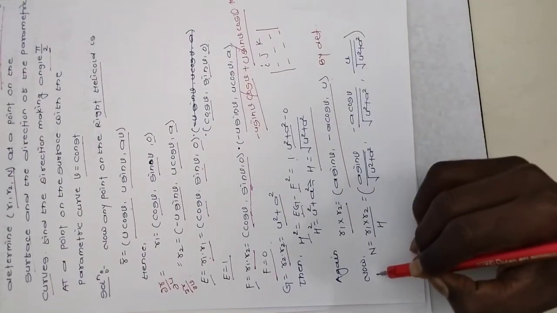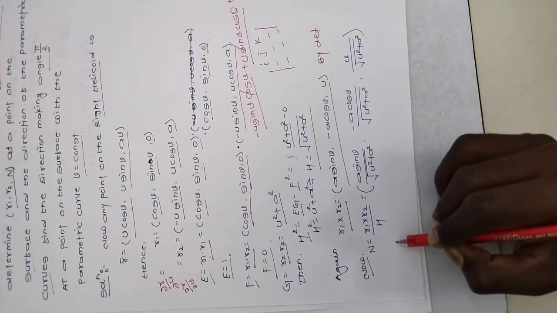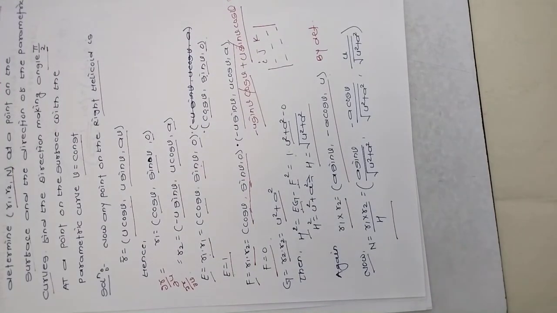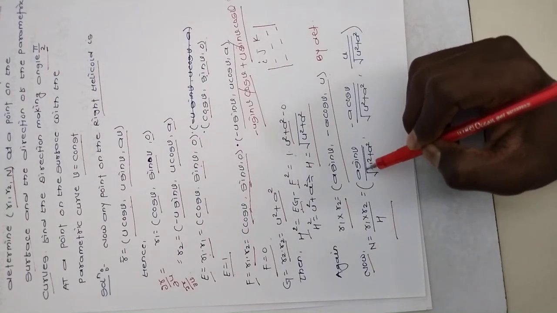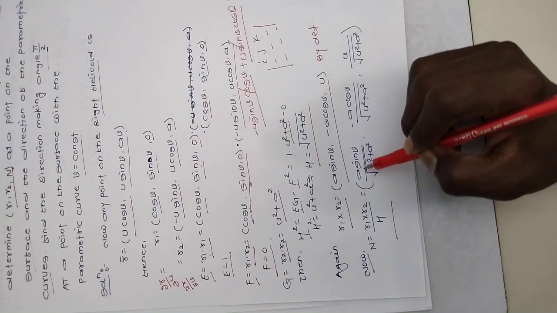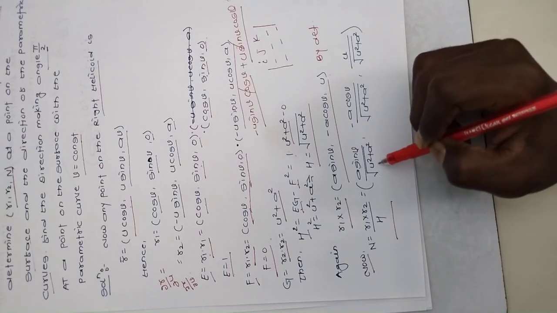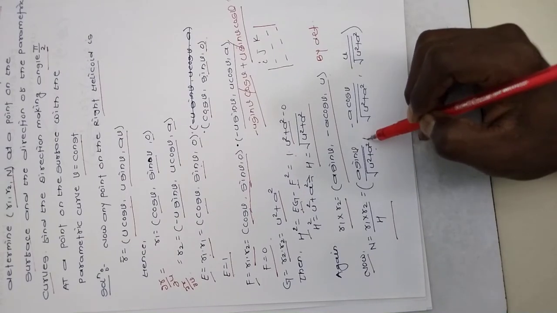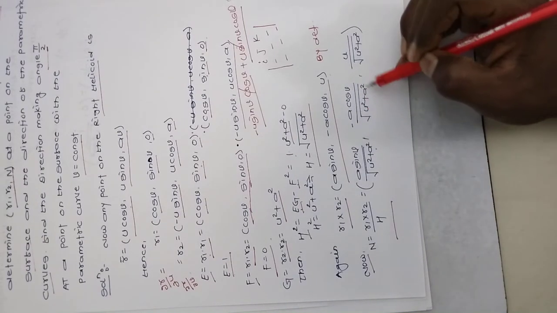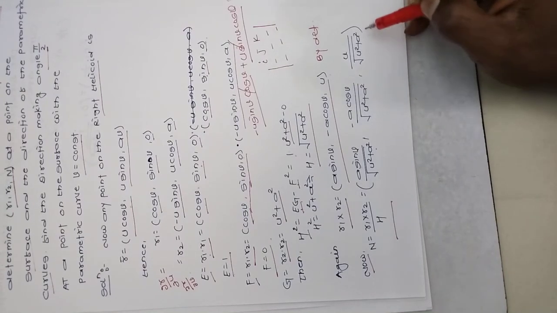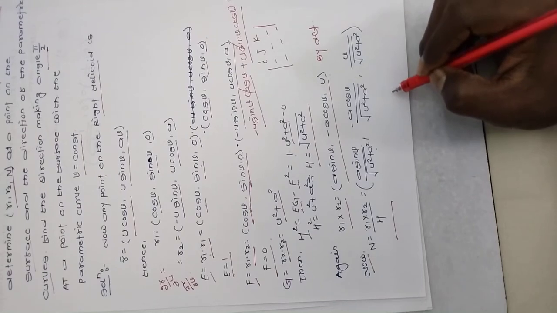And then find lastly, capital N is equal to r1 cross product with r2 upon h. So put the values of r1 cross product with r2, a sin v divided by under root of u square plus a square, comma minus a cos v upon under root of u square plus a square, comma u upon under root of u square plus a square, and hence the result.